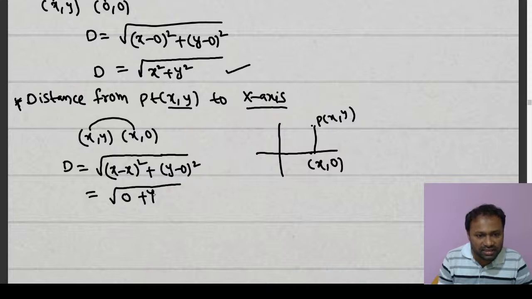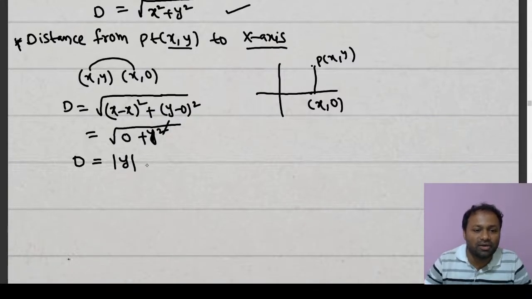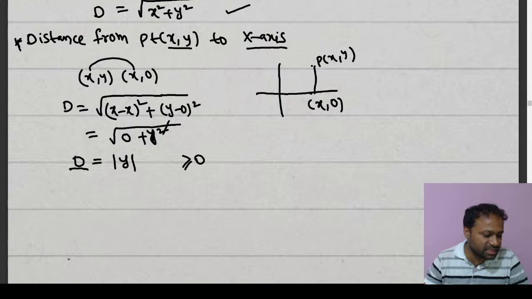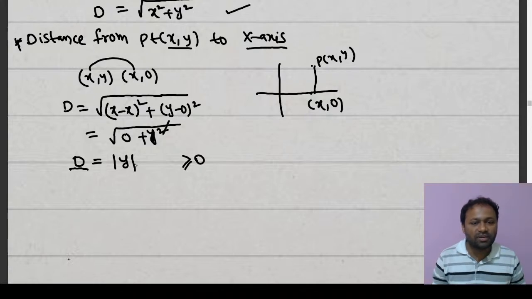The square root gets cancelled, but we can write the distance as mod y. Why to mention mod y? Because distance should not be negative, distance should be greater than or equal to 0. So distance from x-axis is mod y.